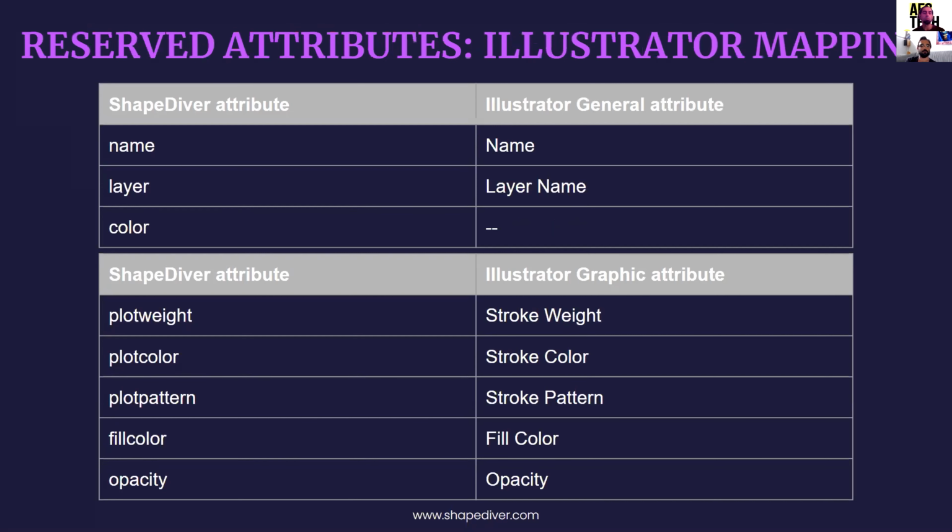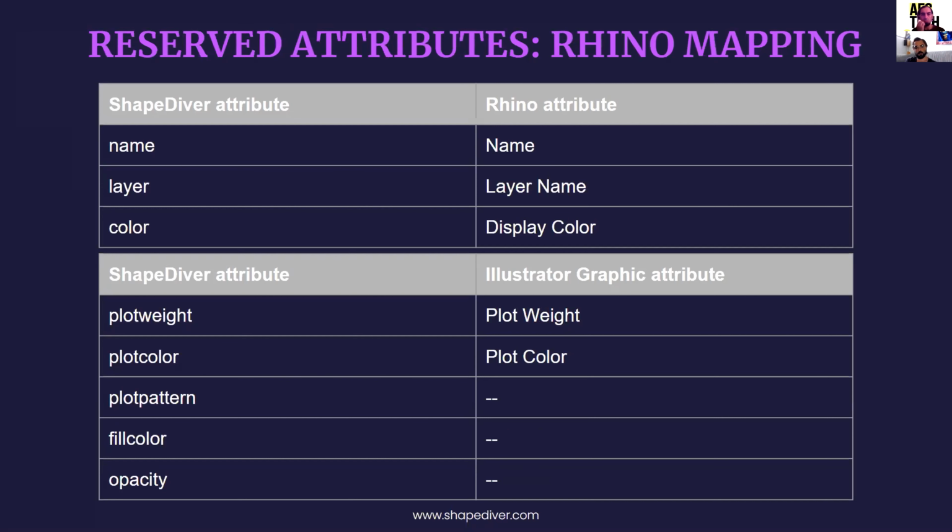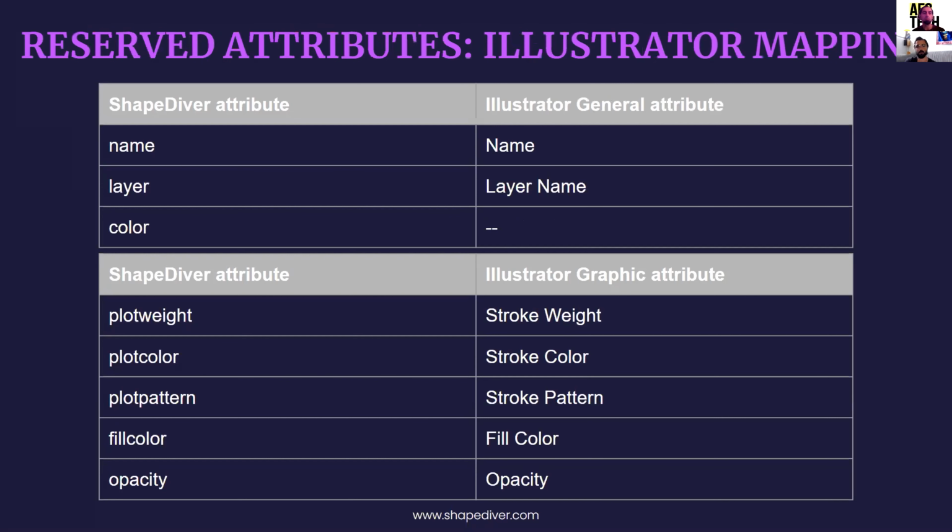We're reusing those attributes in Illustrator, for example, to define stroke weight and stroke color, and added some more that right now are specific to Illustrator, but will make sense in other environments. But we can see that even a simple attribute like color, which makes sense in Rhino, in Illustrator is not really usable. We have to go into more detail, because you always have a stroke color and a fill color, for example, to describe paths, which are the main object manipulated in Illustrator.